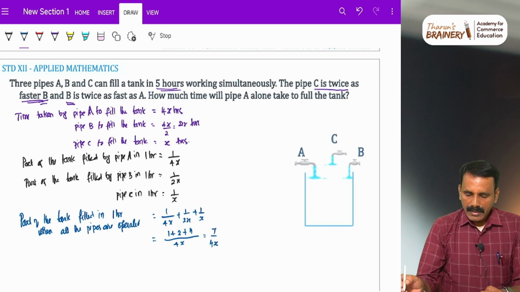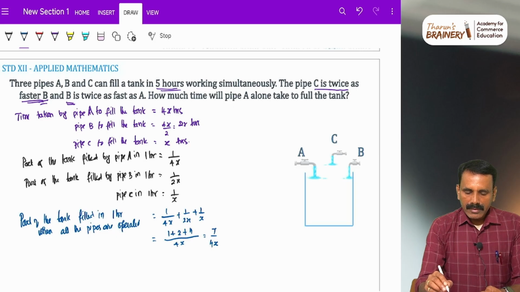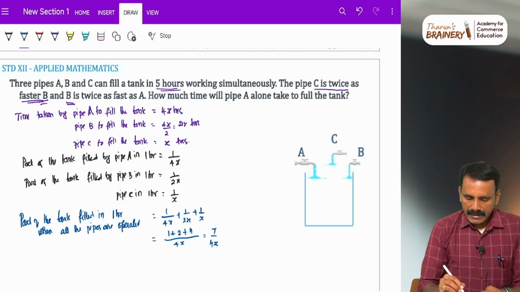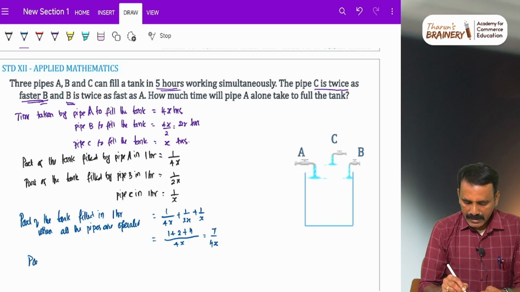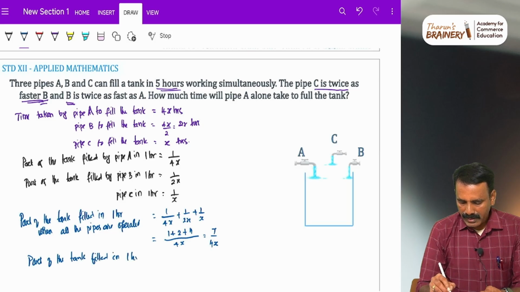Okay. And if all the 3 pipes take 5 hours to fill the tank, then part of the tank filled in 1 hour will be 1 by 5.